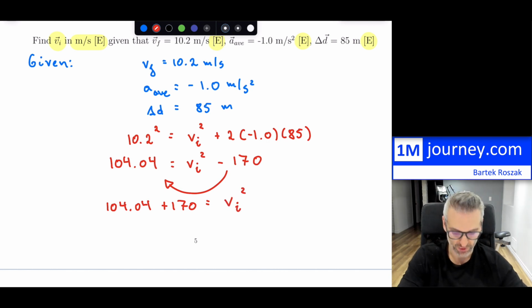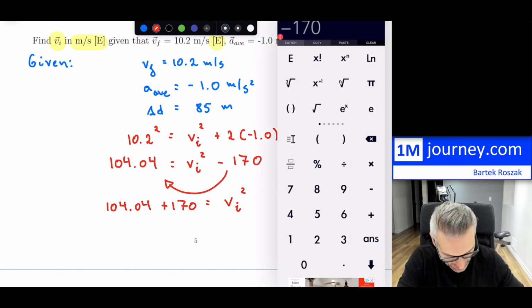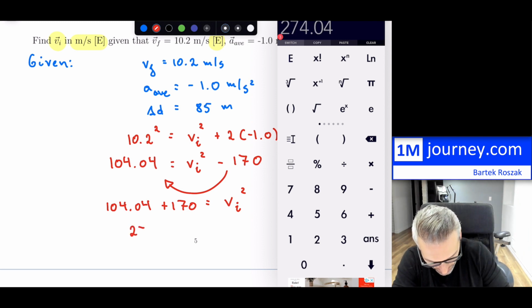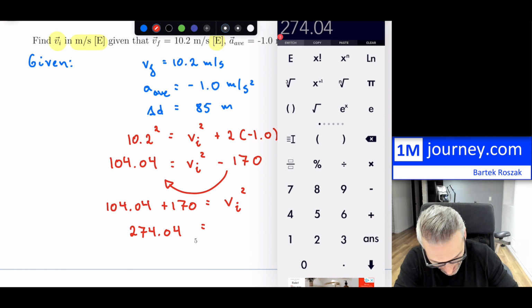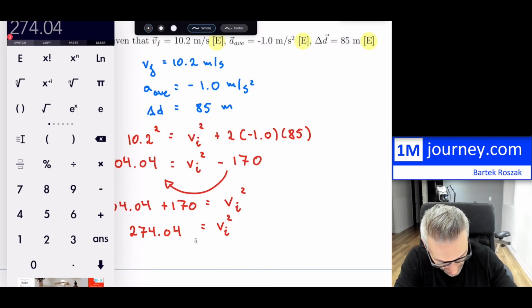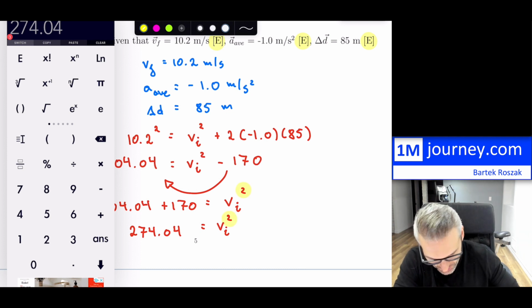So now I'll just keep the 170 and the 104 as they are. So that's going to be 274.04 equals VI squared. Now we have to take the square root, because we have the square over here on top. Sorry, I just deleted it. So we have the square over here, and we have to take the square root of the answer.